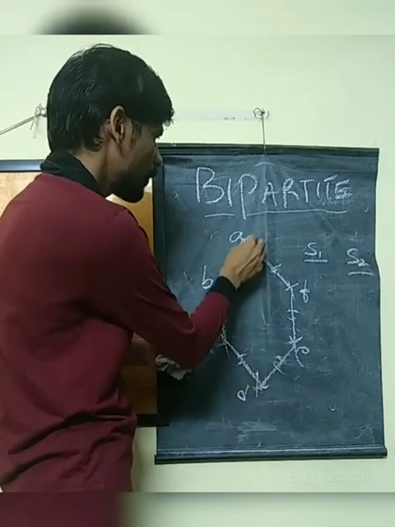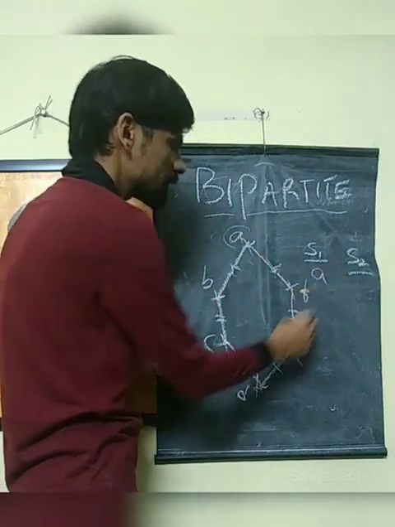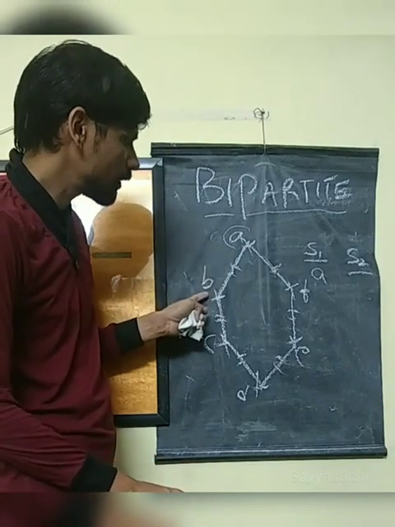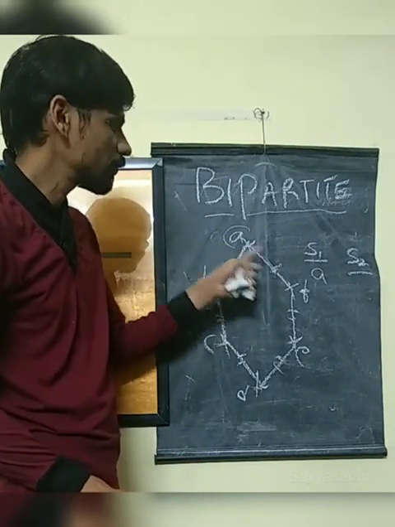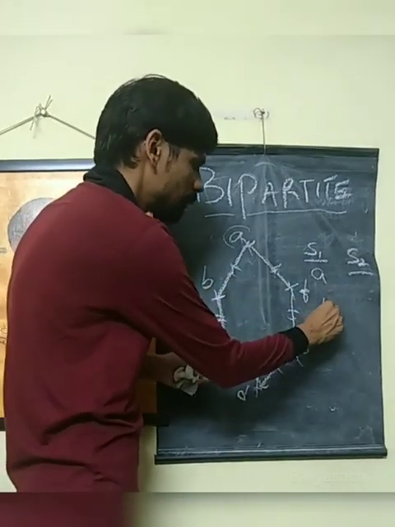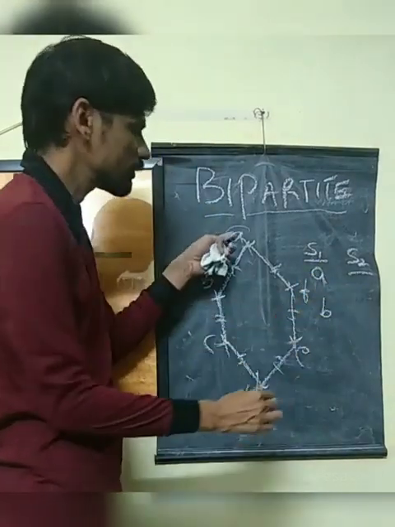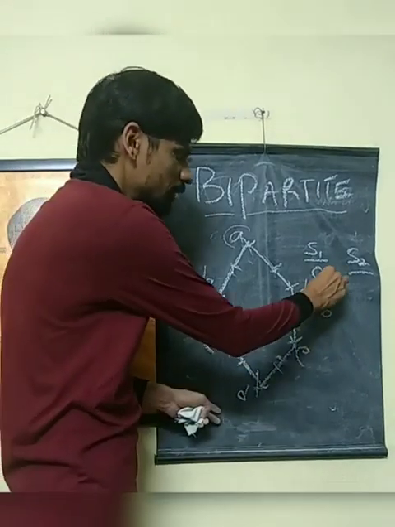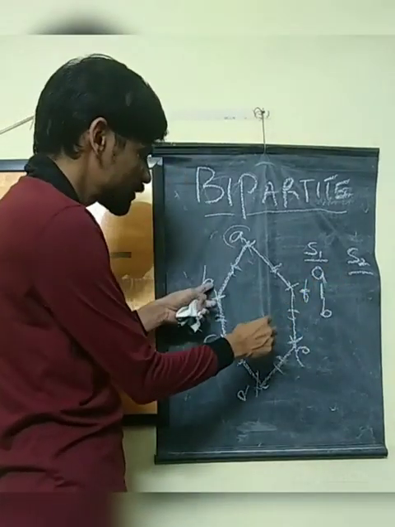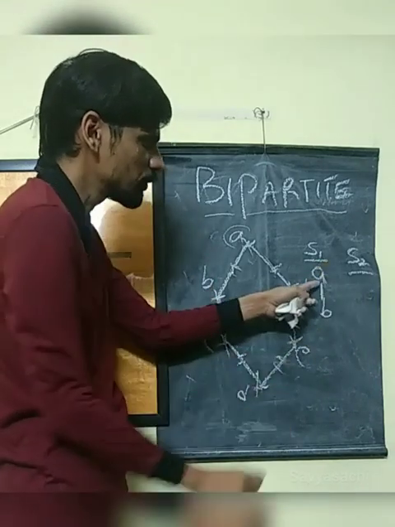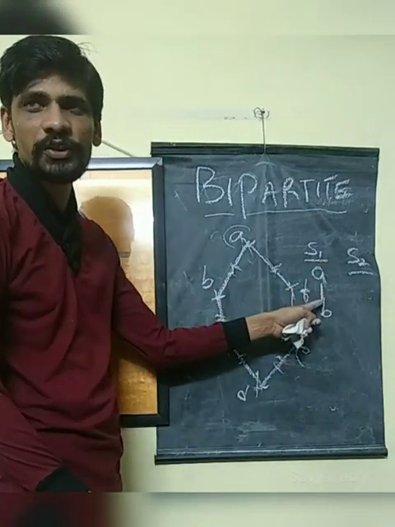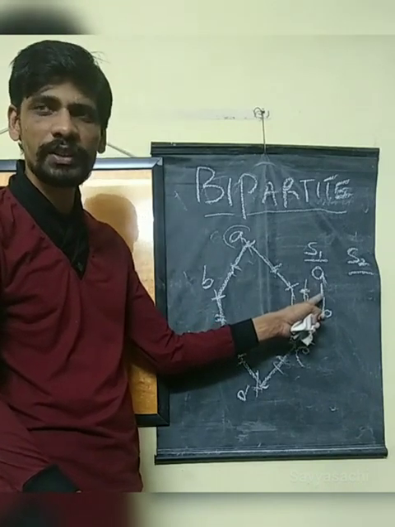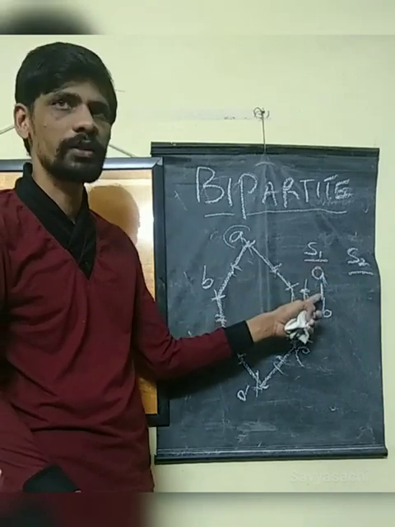For example, I took A in one set, so I cannot take B and F, because if I place B here, what will happen? There will be an edge between A and B. If we represent it like this, that is not a bipartite graph.